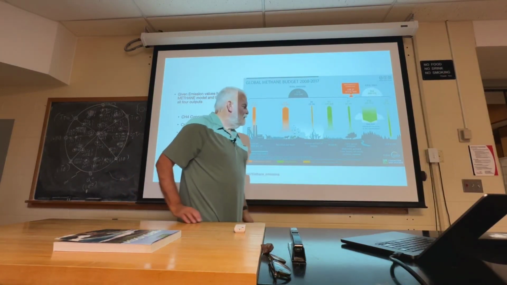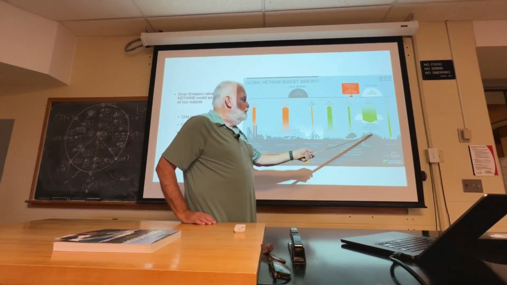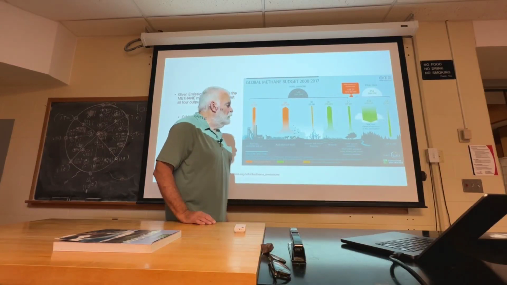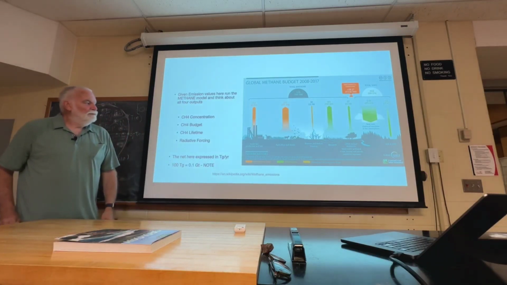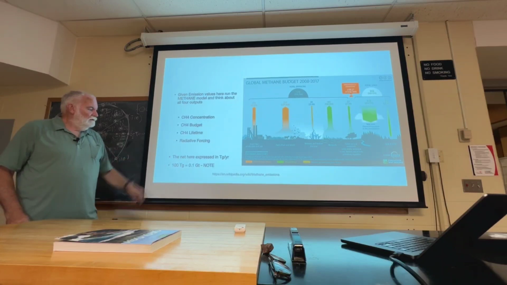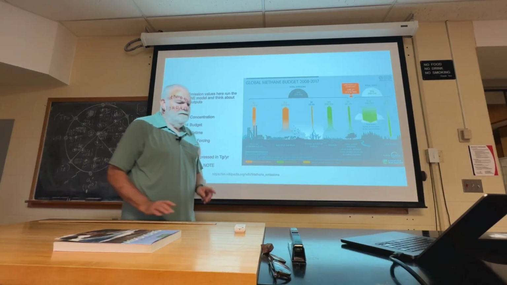There are other natural emissions from the trees, and then it goes back in because it burns up, and it's also consumed in the soils. So the paths of methane are complex like everything else. The lifetime is 7 years, but it's a high radiative forcing.